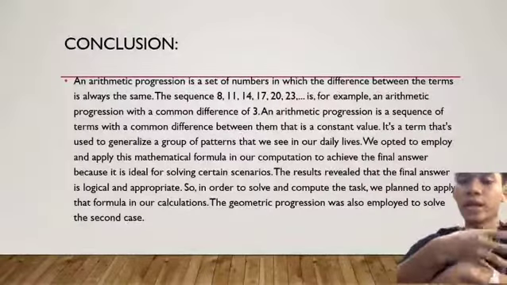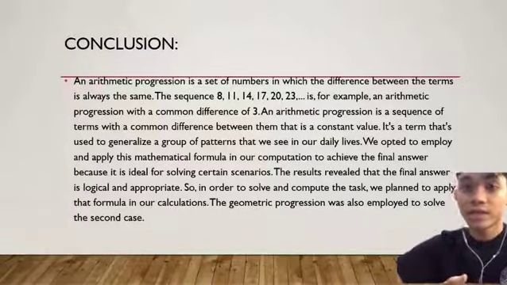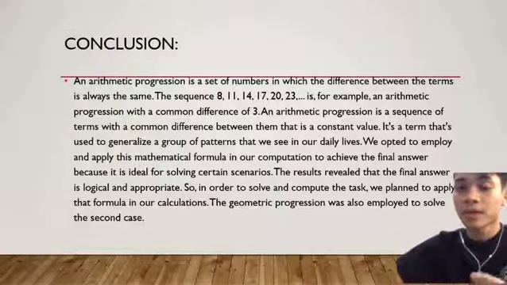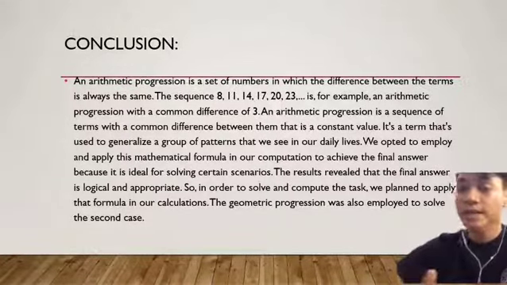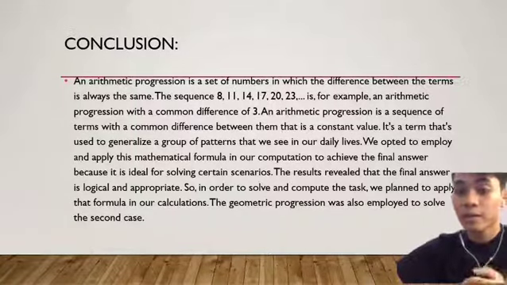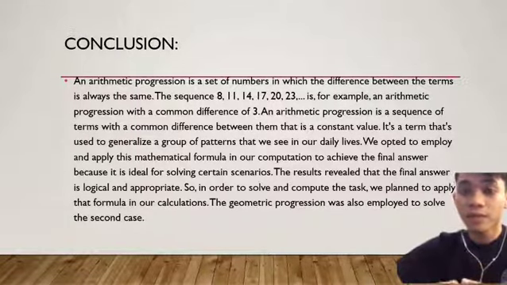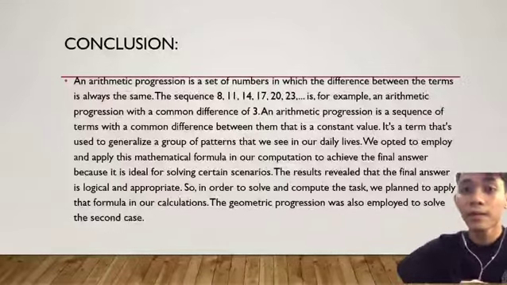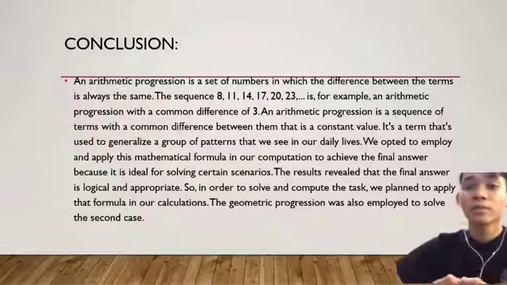In conclusion, an arithmetic progression is a set of numbers in which the difference between the terms is always the same, like 8, 11, 14 and so on. This is an example of a progression with a common difference of 3. An arithmetic progression is a sequence of terms with a common difference between them that is a constant value.